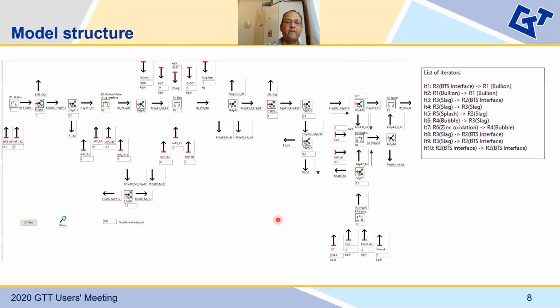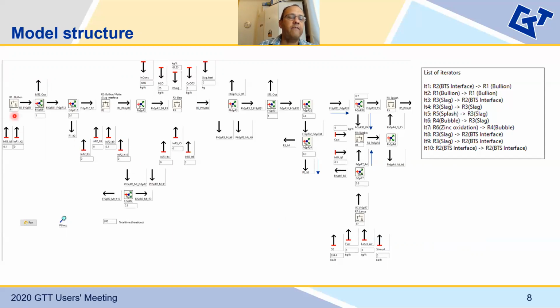Each one of these zones will be associated with a different reactor in our model for the process. The model is based on a flow sheeting approach. You have different kinds of elements in this flow sheet.